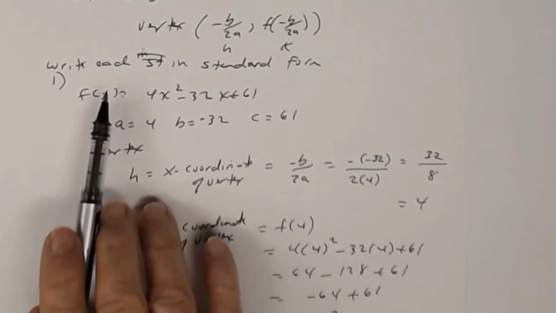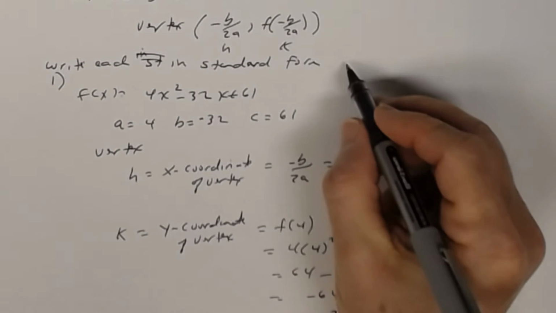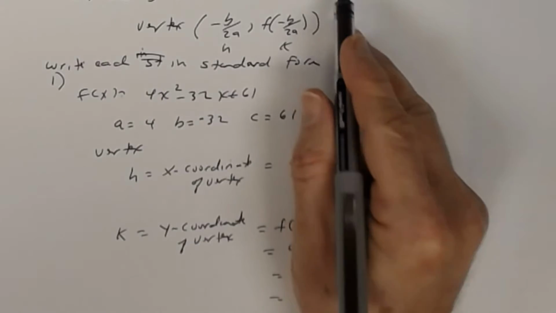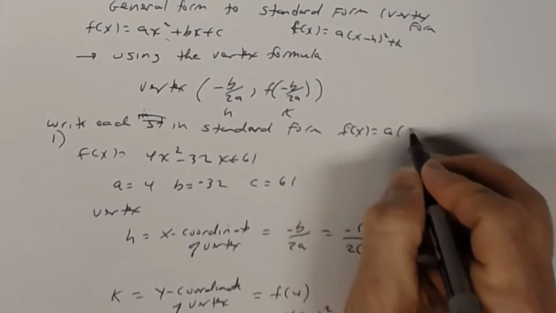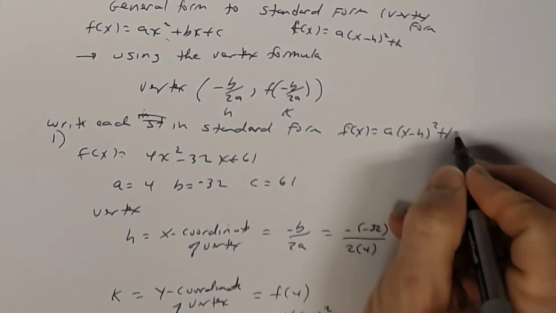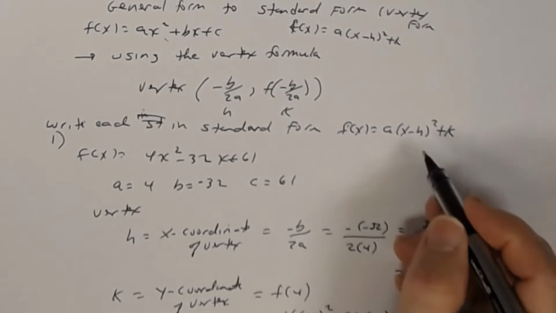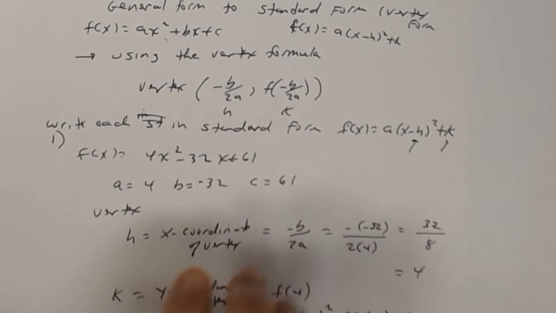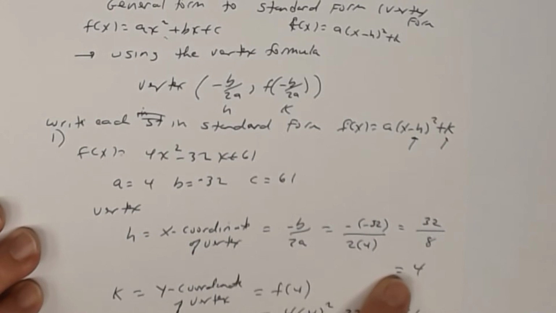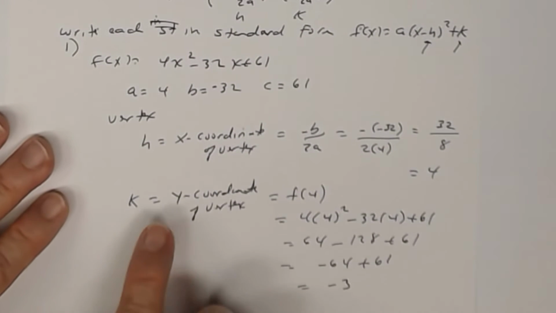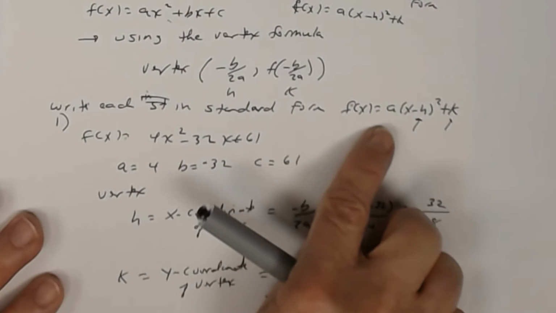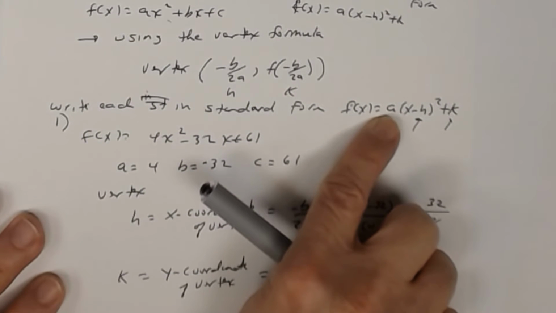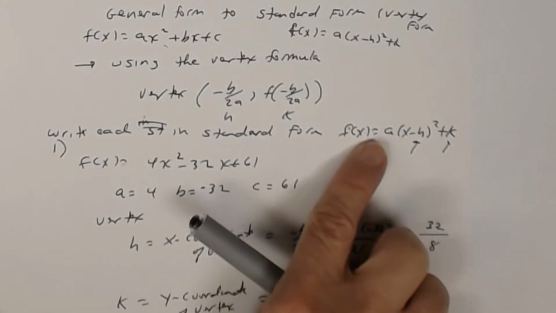Remember, we want to write in standard form. Standard form was this: f of x equals a times (x minus h) squared plus k. To write this in standard form, you have to find h and k. I found h is 4, and I found k is negative 3. But I have to determine what a is.